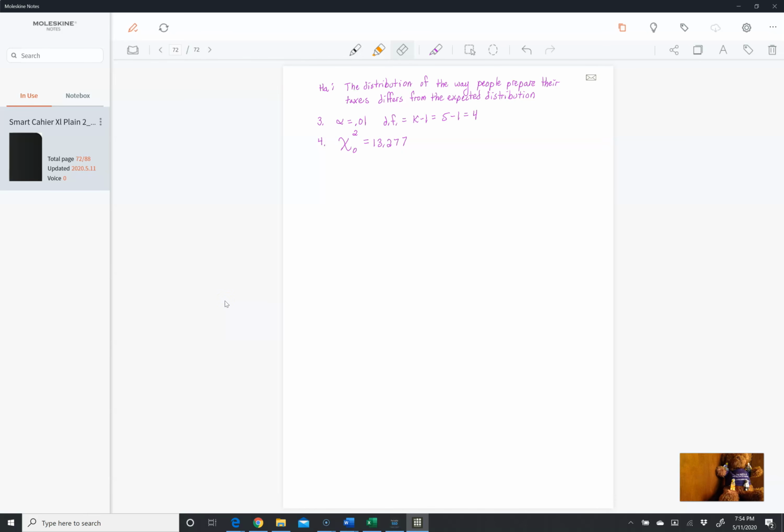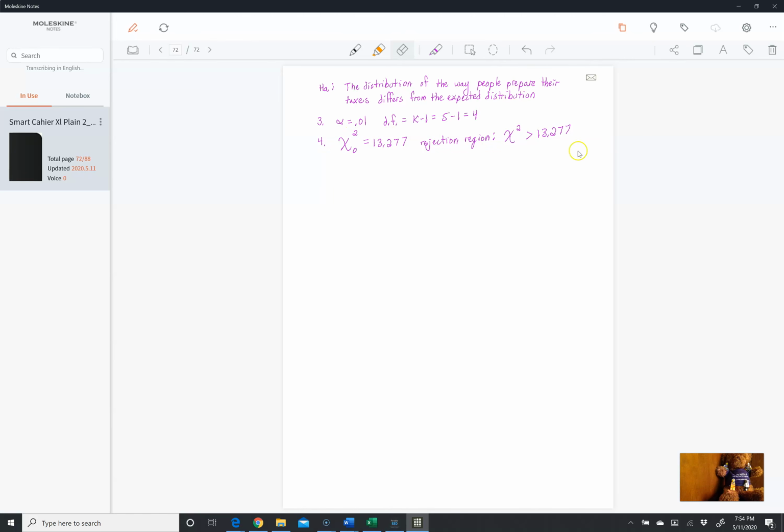Which means that our rejection region is that chi-squared is greater than chi sub 0 squared. This is always the way that you write your rejection region. Okay, so this is our rejection region.